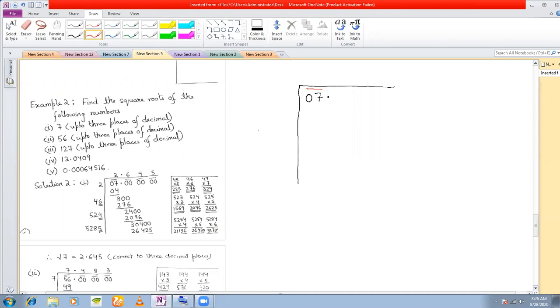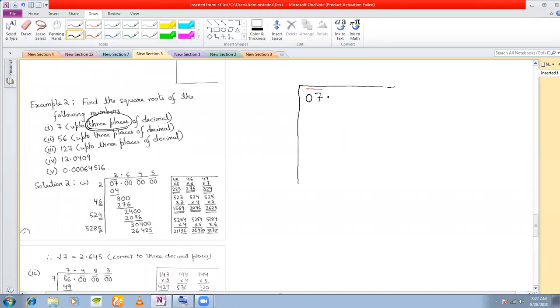Now in such a case, when a number like 7 is given and you are asked to find the square root up to 3 places of decimal or up to 2 places of decimal, see, you know that 7 is not a perfect square. The square root of 7 will not be a natural number. It will definitely be, say, 2 point something. Till how many decimal places do they want us to find?